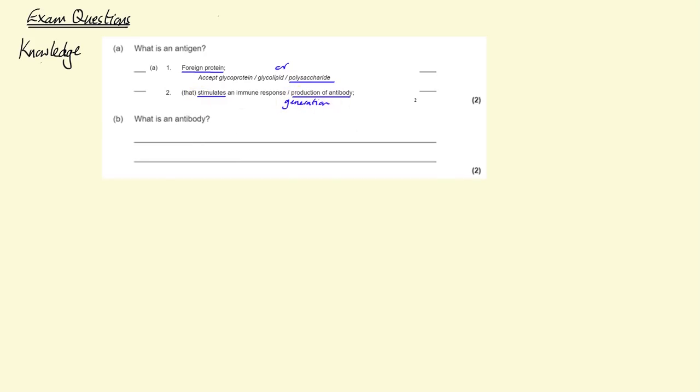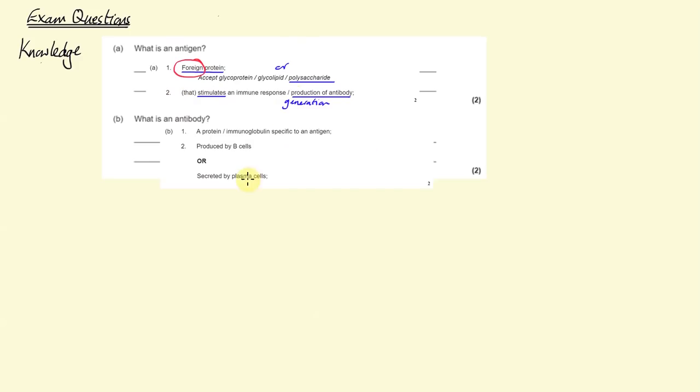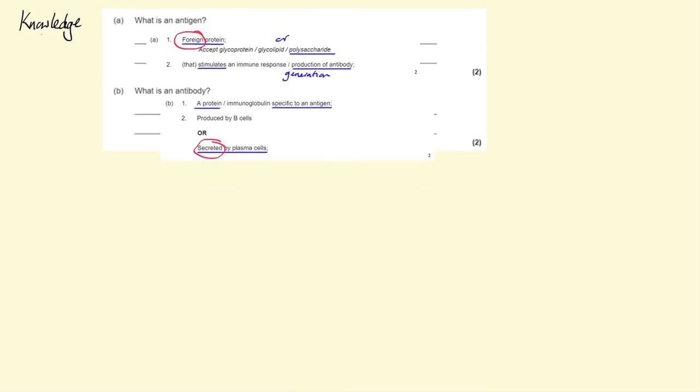Notice that foreign is the important word there that you might miss. What is an antibody? And notice you need the whole phrase that it is a protein specific to an antigen that is secreted by plasma cells. Secreted does seem to be a favoured term. I would just get used to using it.